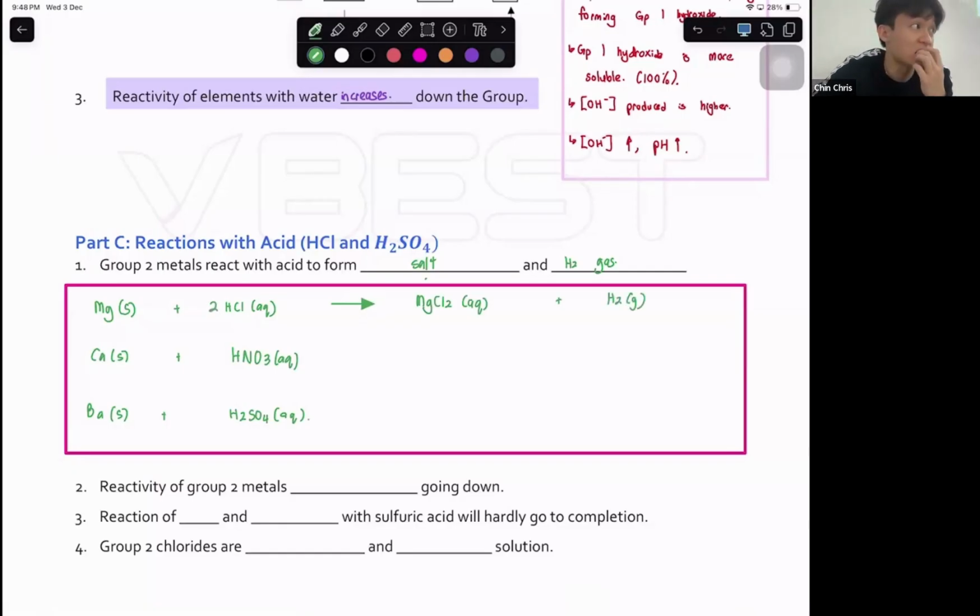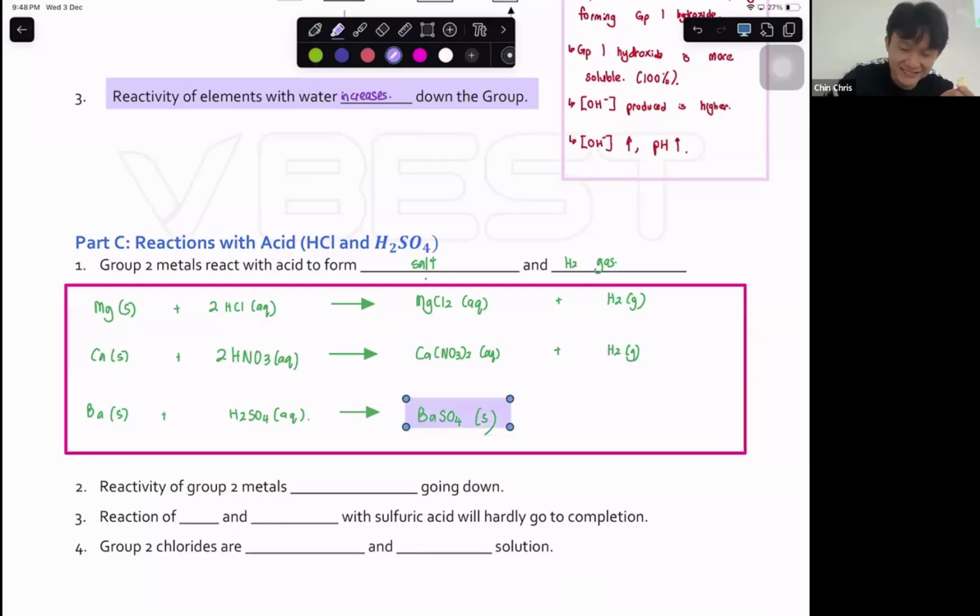Next one. Ca(NO3)2 plus H2, balanced with 2HNO3. Alright, guys, next one. BaSO4, with state symbol.